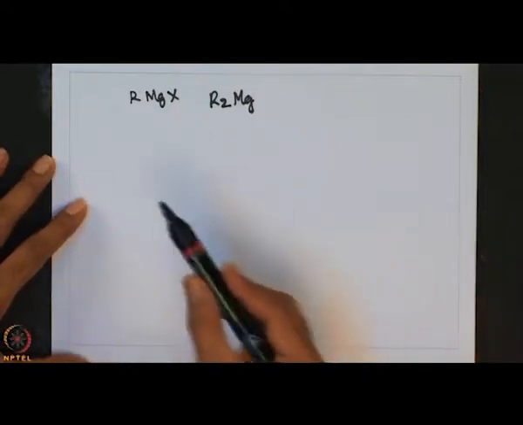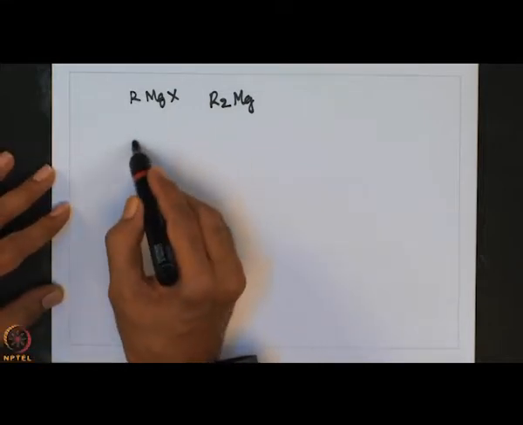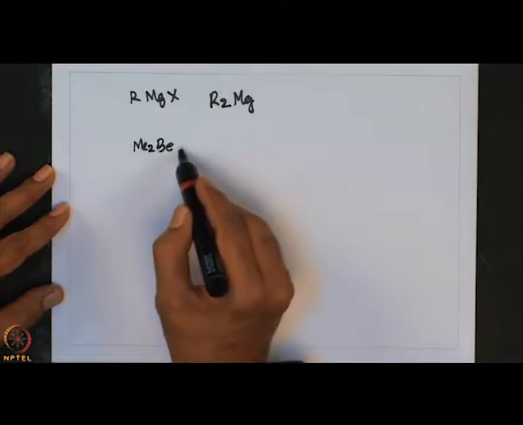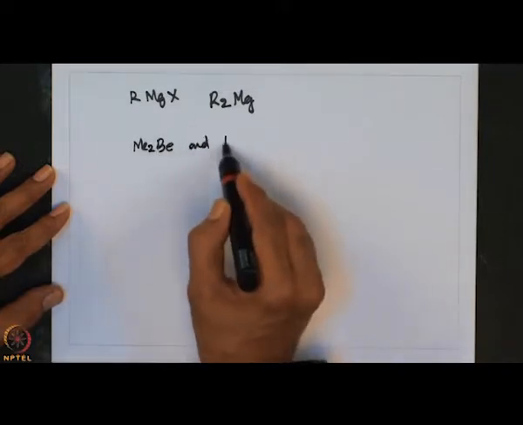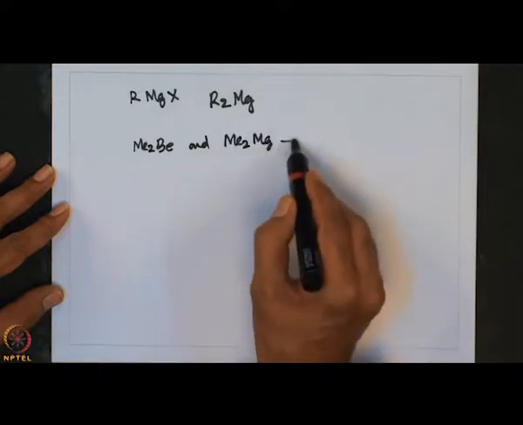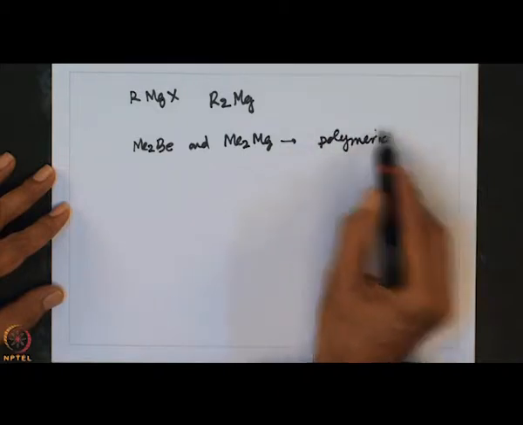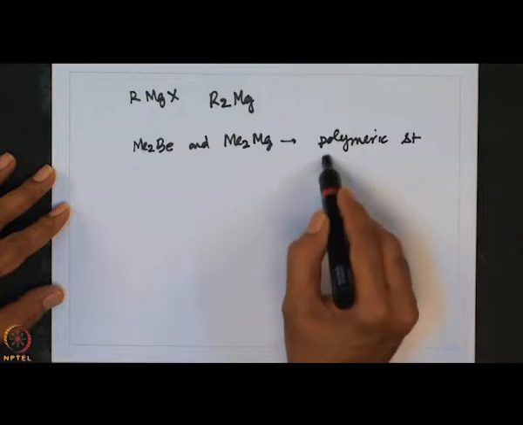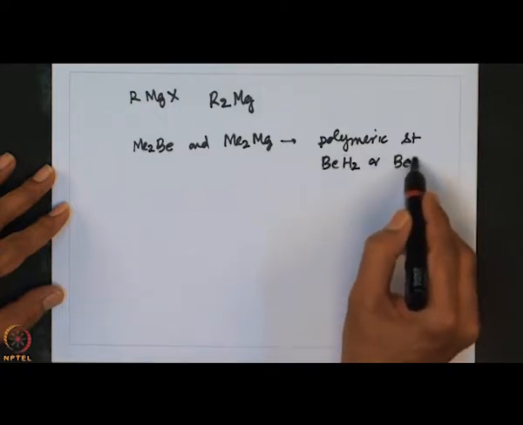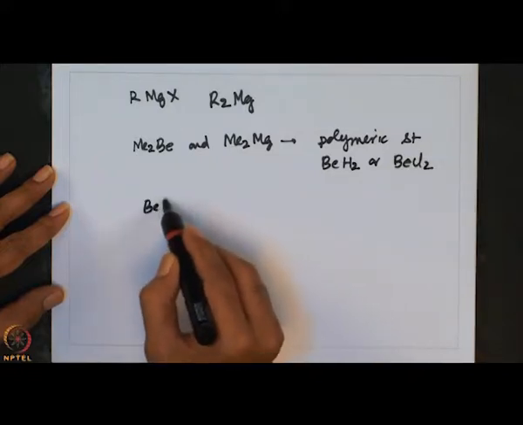And of course, when we look into the structures of some of these compounds, dimethyl beryllium and dimethyl magnesium have a polymeric structure very similar to BeH2 or BeCl2. That means one can conveniently write in this fashion.